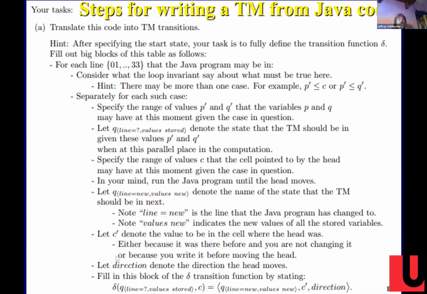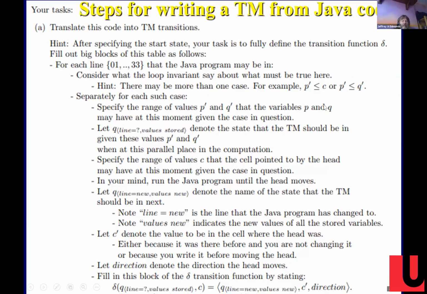So then the Java program, when you ran it until it moves the head, so you know how it's moving the head, whether it's moving left or right. So that's what direction is. And then, what do you write on your test, right? You say, hey, I'm considering this particular line. I'm starting at this particular line of code.